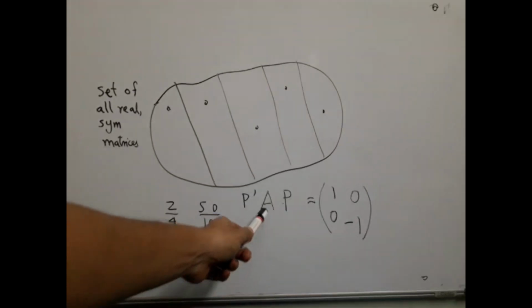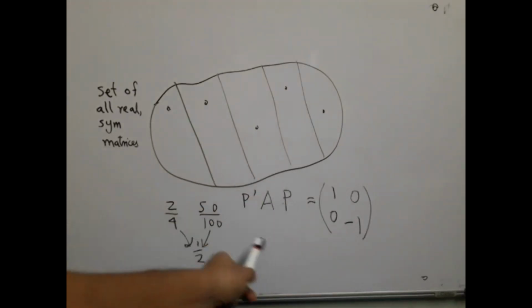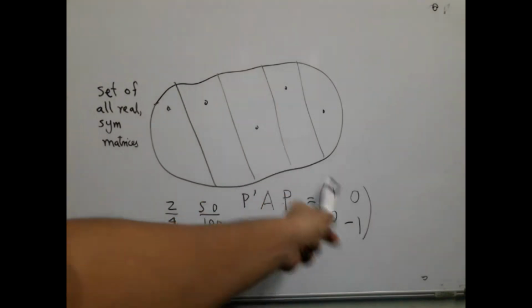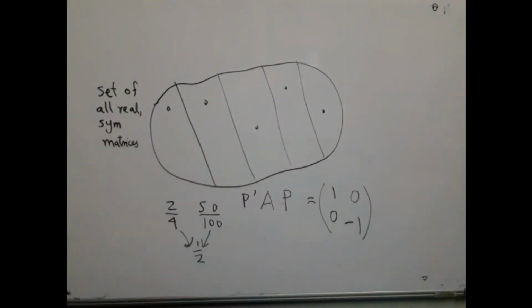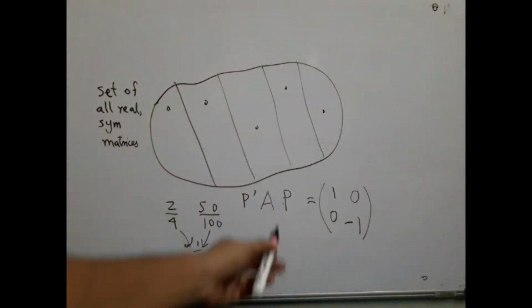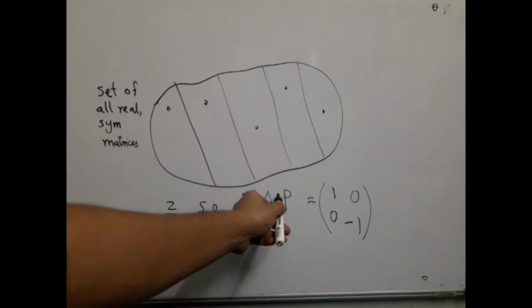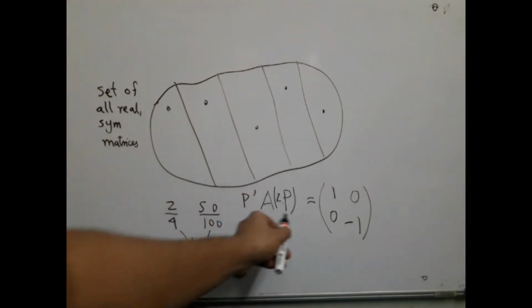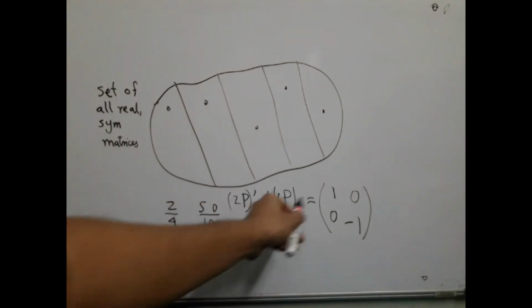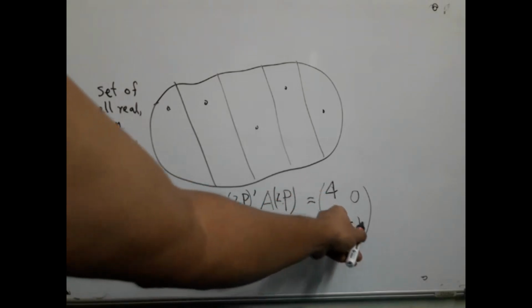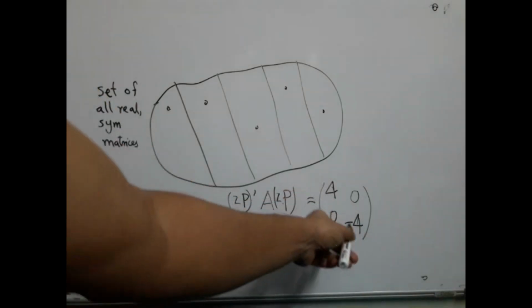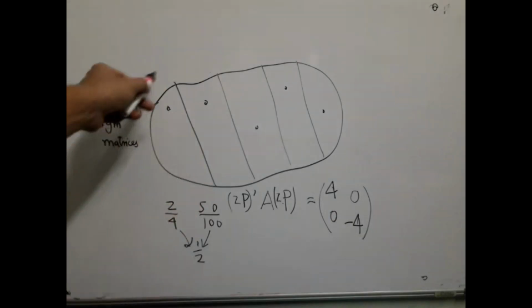Suppose we have a real symmetric matrix A which is congruent to this diagonal matrix, where P is non-singular. All that I will do is multiply P by 2, and that will still keep it non-singular. So I will put a 2 here and put the same 2 here. As a result, this will just get multiplied by 4. So you can see 4, minus 4 is also in the same block.